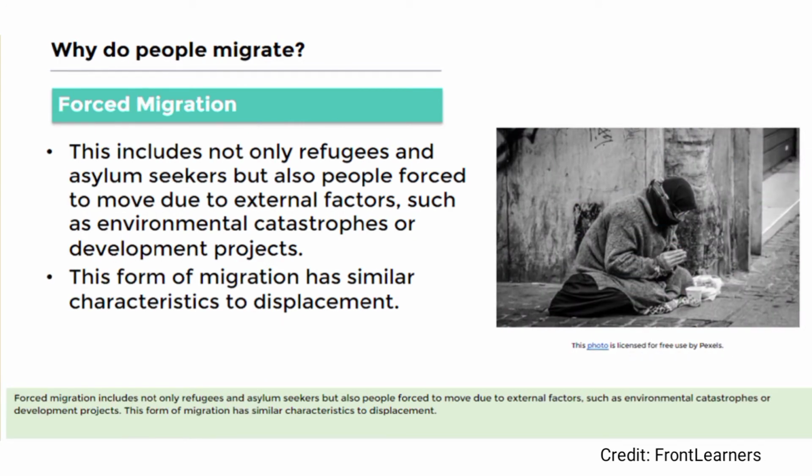This includes not only refugees and asylum seekers, but also people forced to move due to external factors such as environmental catastrophes or development projects. This form of migration has similar characteristics to displacement.